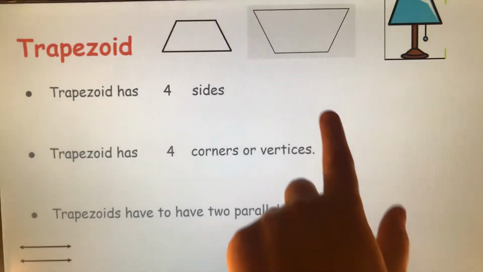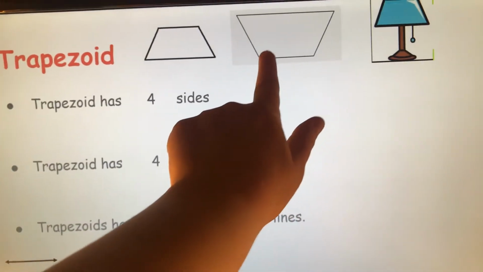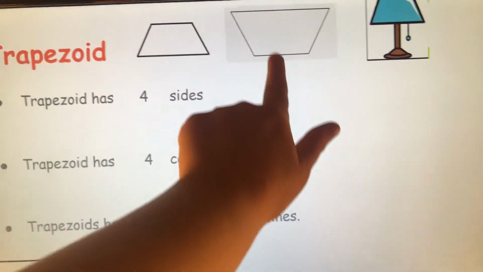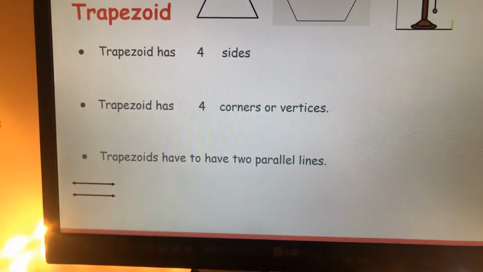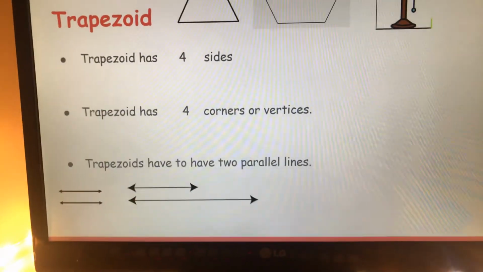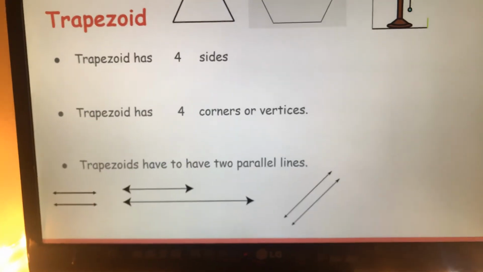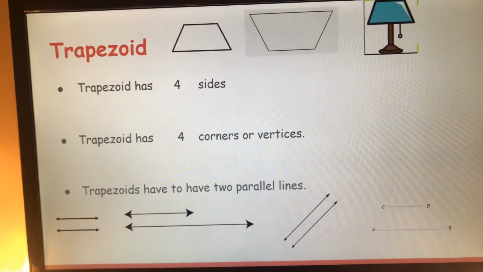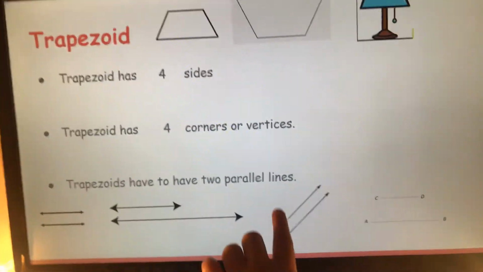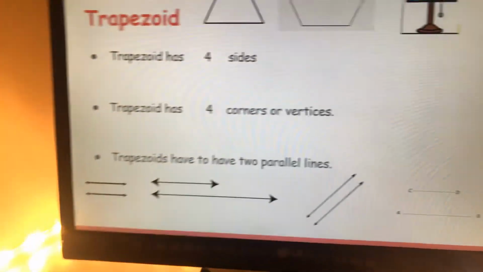But it's still a trapezoid because it only has to have 2 parallel lines that don't cross. So that's a parallel line, that's a parallel line, those are parallel lines, and those are parallel lines, because they won't cross each other. Okay?